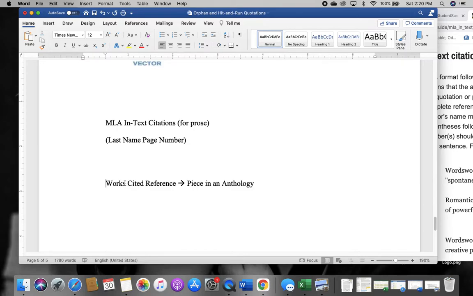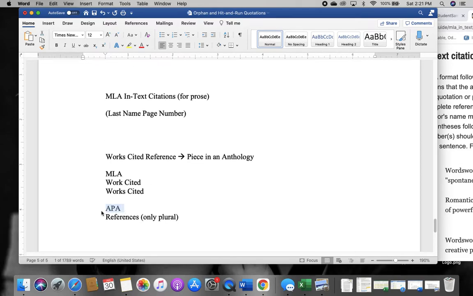And unlike APA, we do work and works, depending on if you have one or more. APA is only references. So there is a difference in that. If you're just citing the one story or just one thing, you would say it's just one work rather than multiple. Whereas APA, it's always plural.